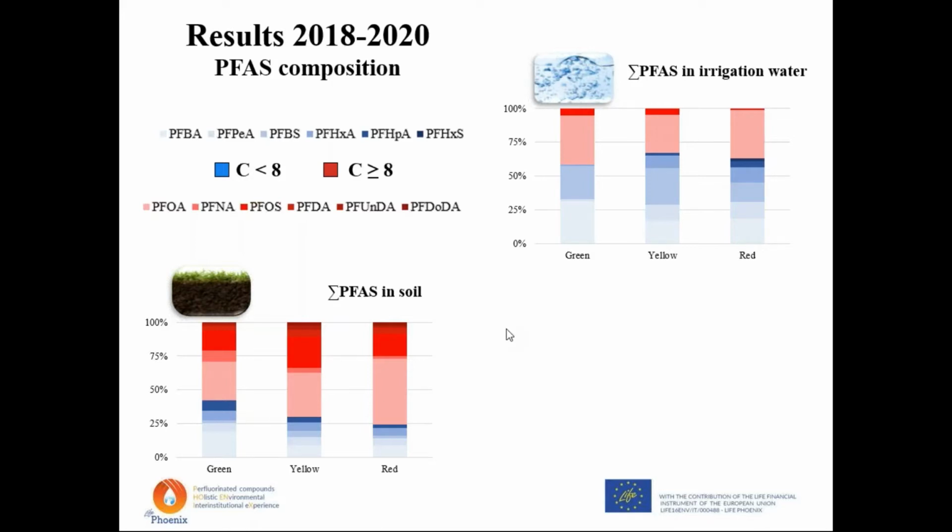Based on this, you can see that in irrigation water, the contamination was mainly due to short-chain PFAS, so PFAS more water soluble. In the case of soil, the contamination was dominated by long-chain PFAS, so more lipophilic substances.